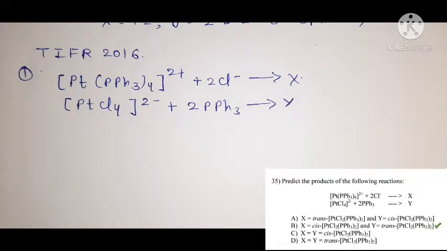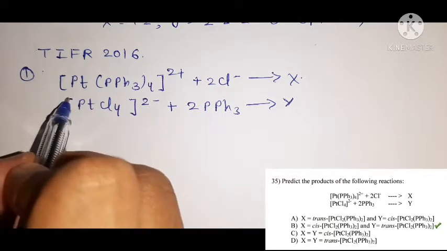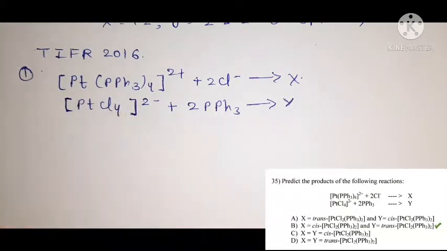Now friends, first of all, for solving this question, we must have an idea about the geometry of this substrate molecule. You must know the geometry of that substrate molecule, because the solution of this question depends on this geometry. Now how does it depend on the geometry?